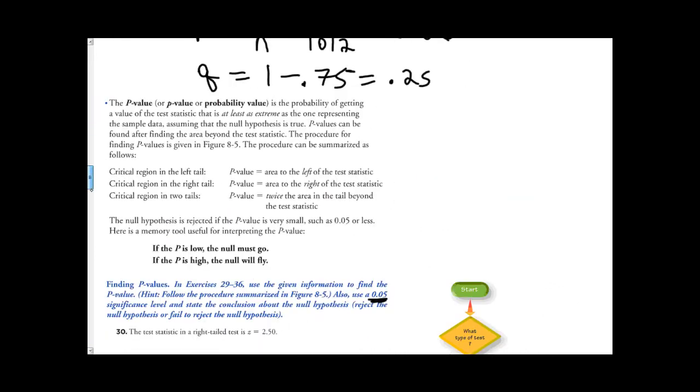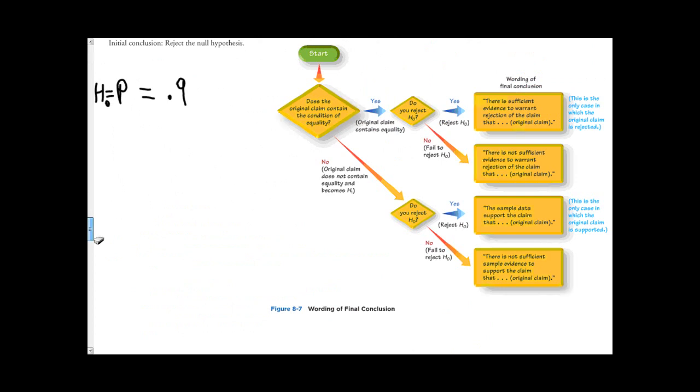So the null hypothesis is that the proportion is equal to 90%. That means the alternative hypothesis, since we have the null there, is that the proportion is not equal to 90%. So we have the null and alternative.